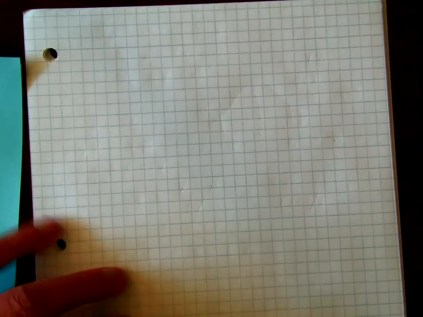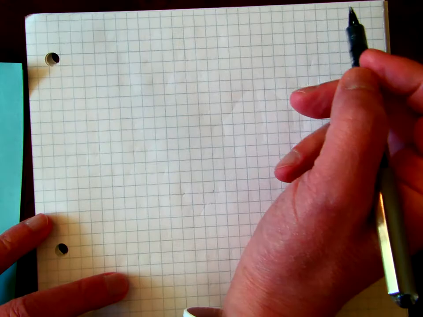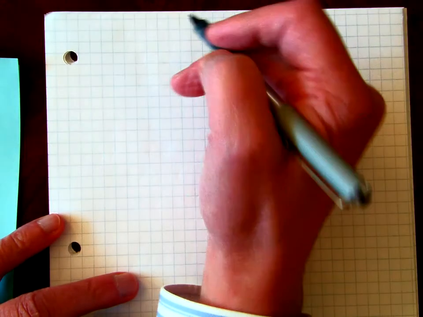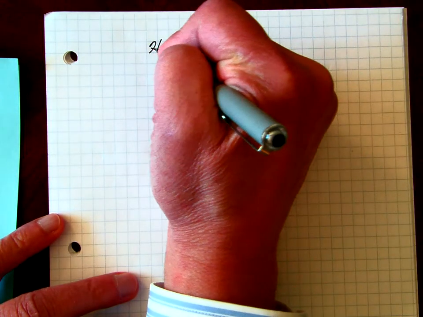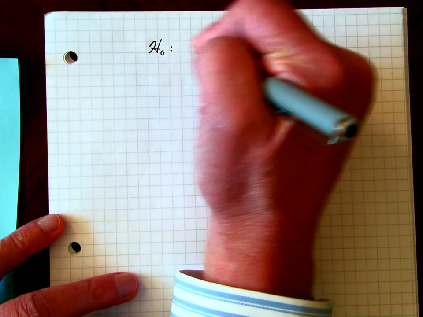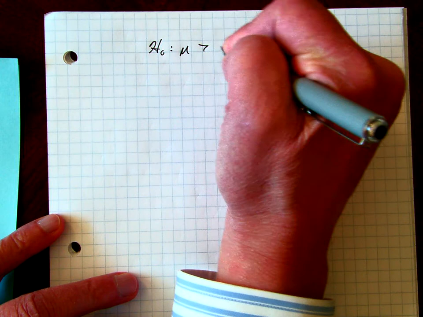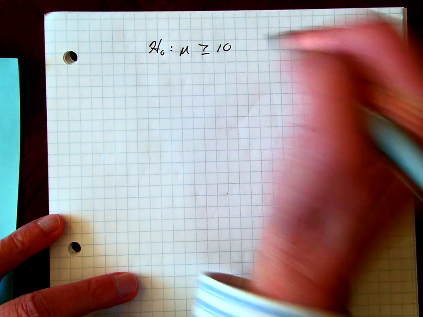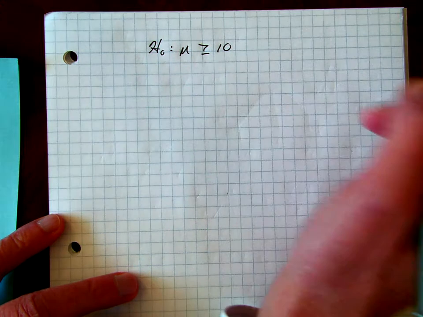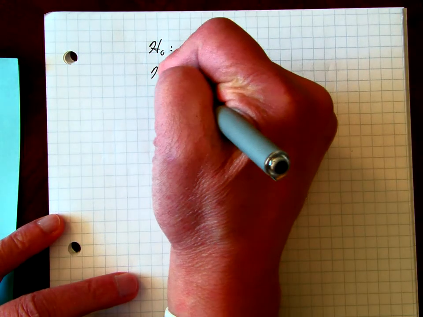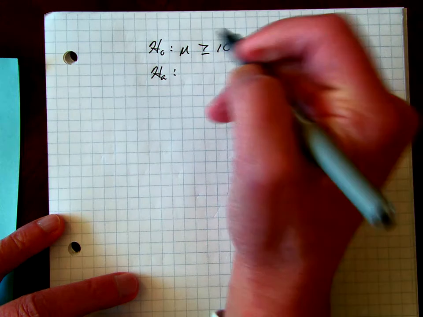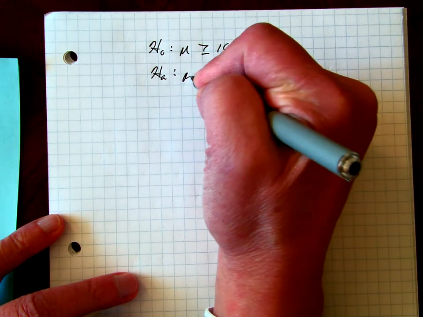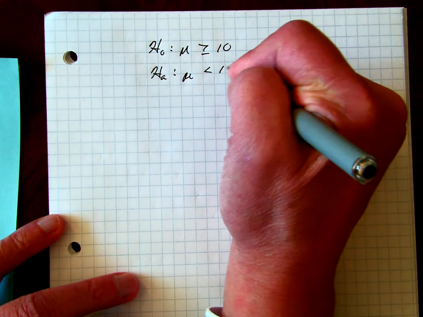Suppose we had a different version. Suppose we were looking at a hypothesis, a null hypothesis, that says mu is greater than or equal to 10. That would be one-sided. And the alternative hypothesis would be that mu is less than 10.